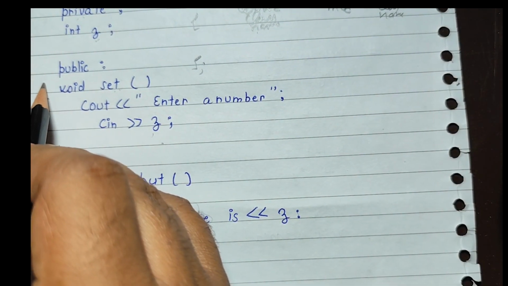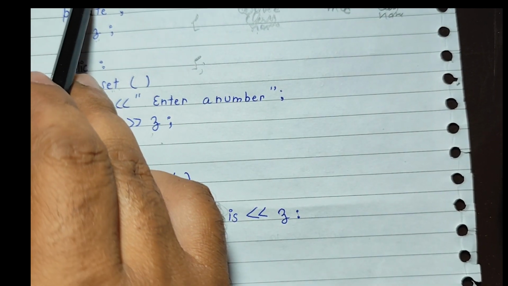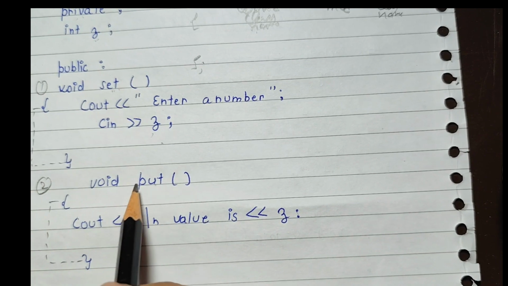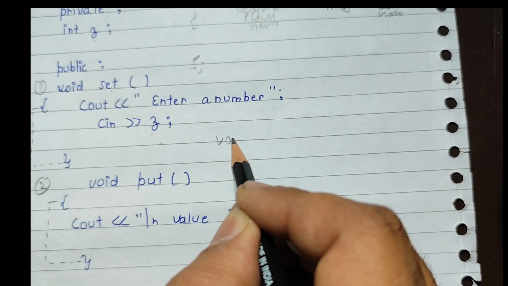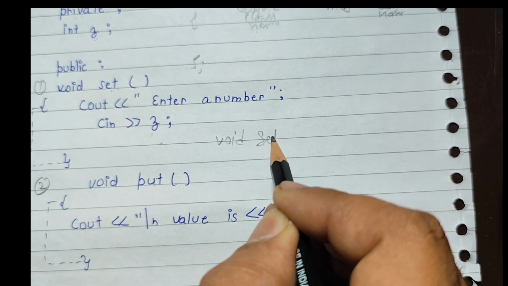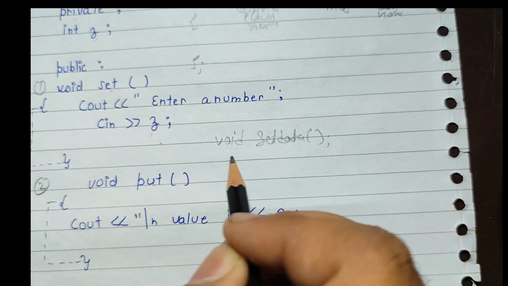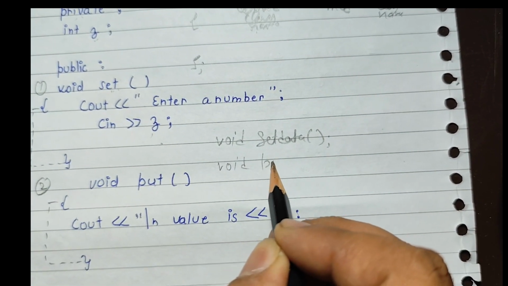First member function is void set, that is the function of the derived class, and second is the put member function, that is also a member function of the derived class, and also we have void set data. Void set data member function is from the base class, and another one is void put data.